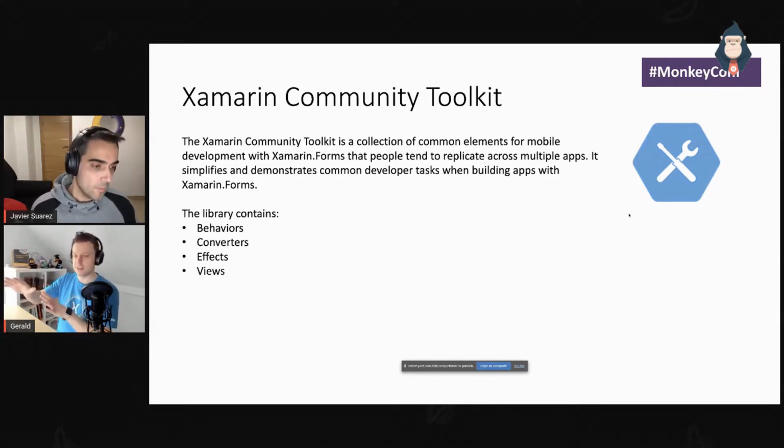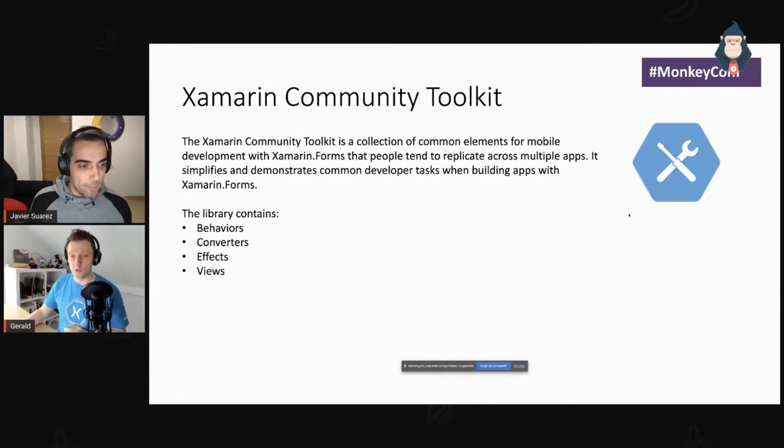Bug fixes? Did I say that? I can't say that on a live stream. Bug fixes and hot fixes and that kind of stuff. So that will be fine. But to still give you new stuff, new controls, we also have the community toolkit to provide for that. So that will fill the gap between Xamarin Forms 5 and .NET MAUI, which will come to you next year.